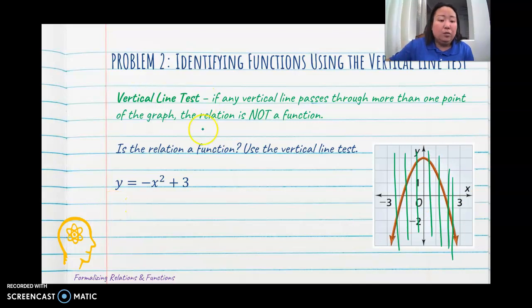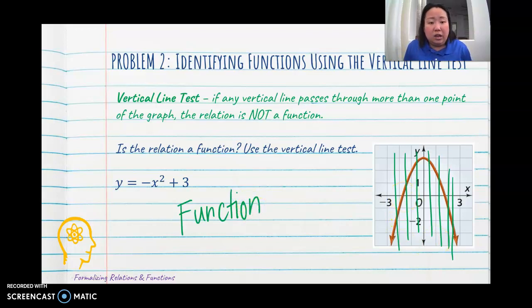And so this equation here, y equals -x squared plus 3, is actually a function. Okay, so that is how you can use a vertical line test to identify a function from a relation.